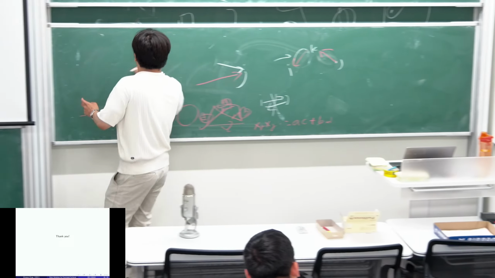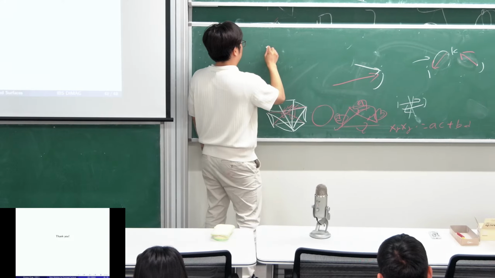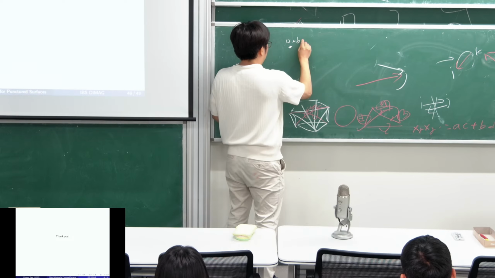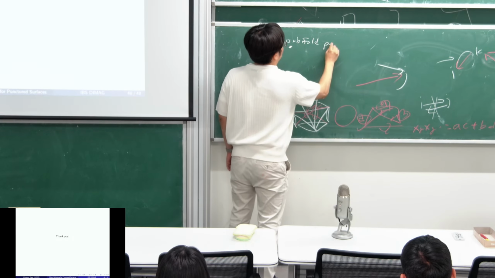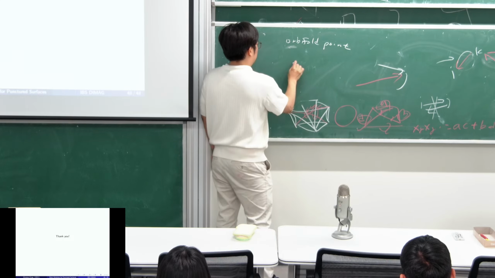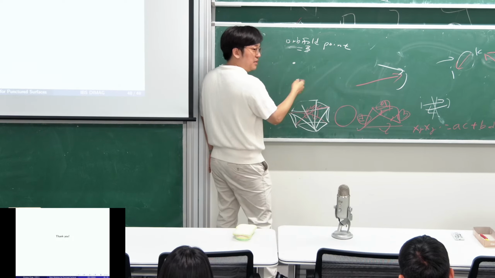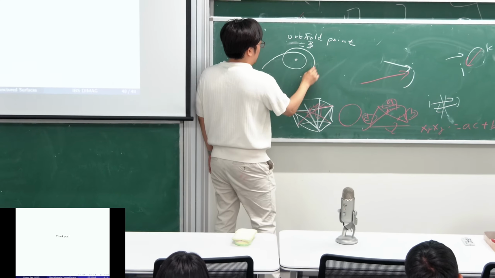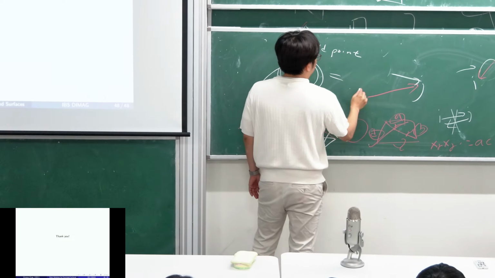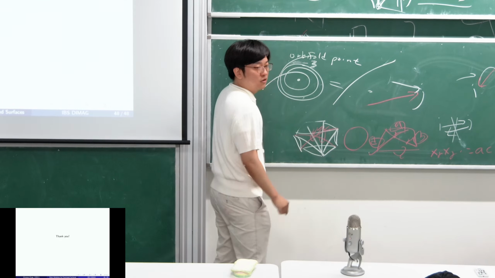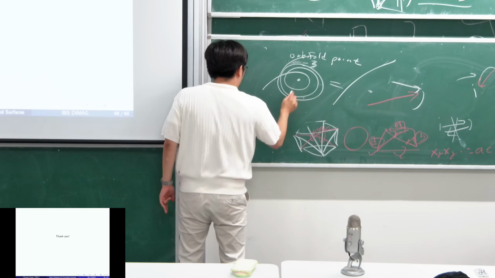The basic example is that if we have an orbifold point here with order, let's say, 3, it means that if you swirl around this 3 times, it's the same as this.